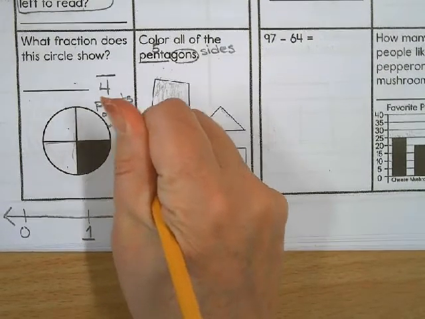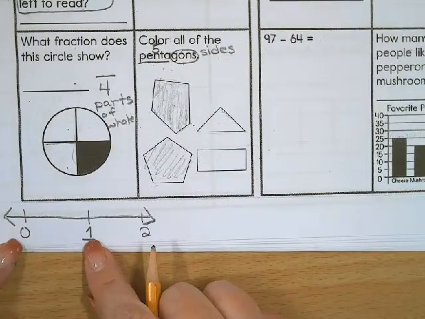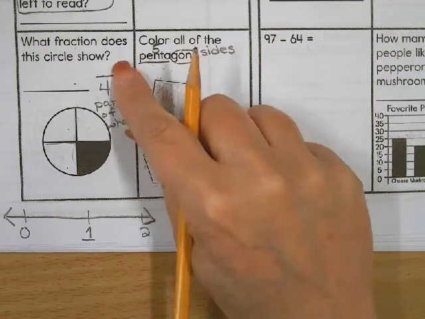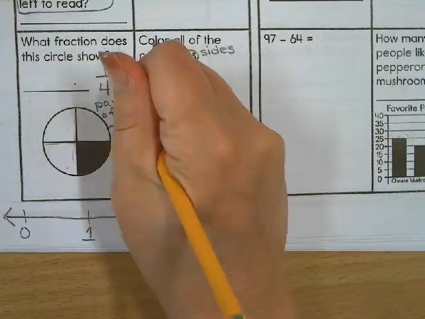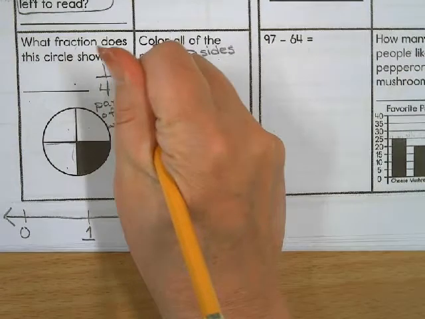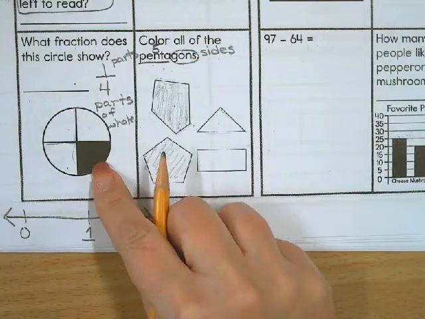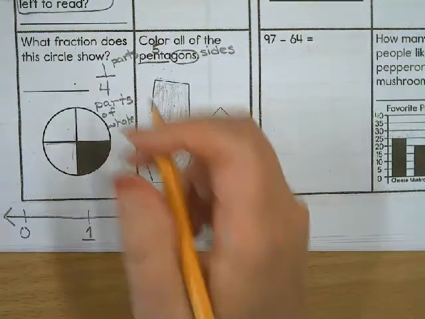The whole number. So in this case, we have a whole number of 1. Our numerator tells us how many of those parts we're counting. And in this case, we want to count the shaded parts.